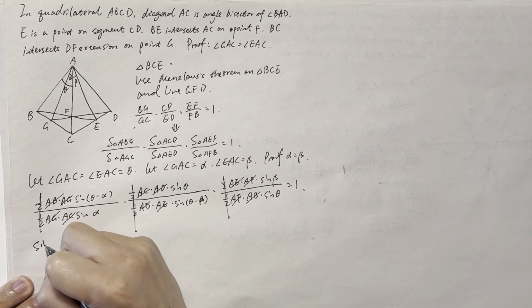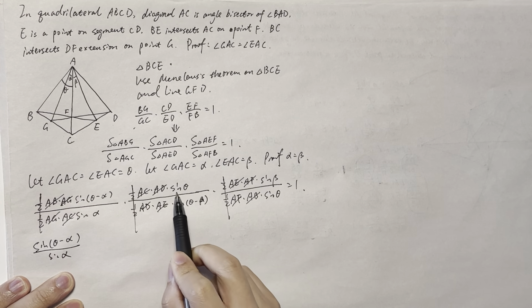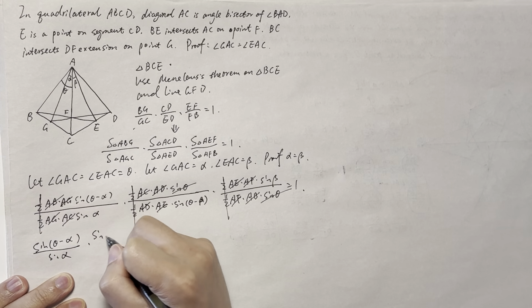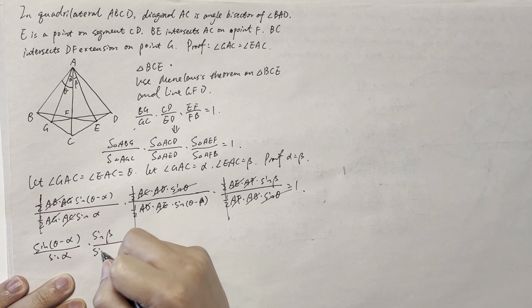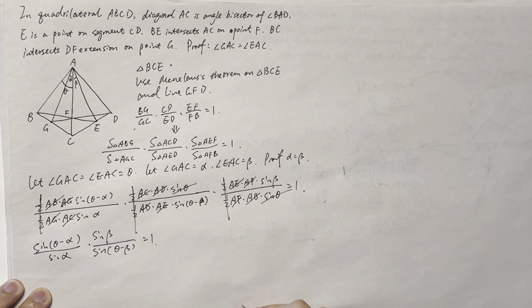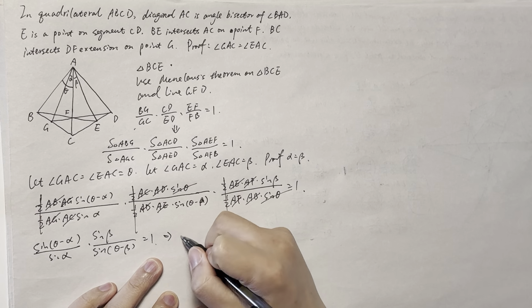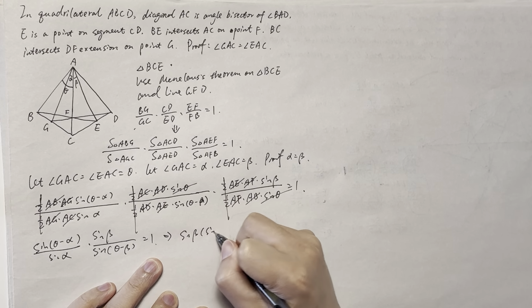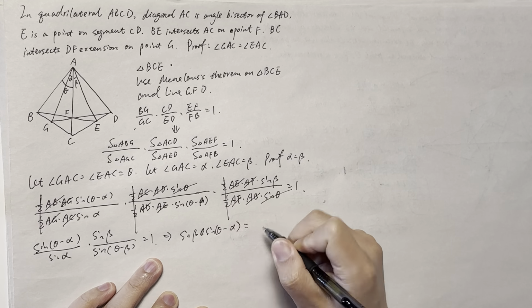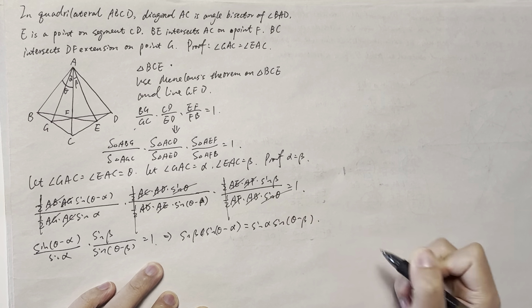So that's sine of theta minus alpha divided by sine alpha. Notice that sine theta can be cancelled by sine theta, times sine beta divided by sine of theta minus beta equals 1. That means sine beta times sine of theta minus alpha equals sine alpha times sine of theta minus beta.